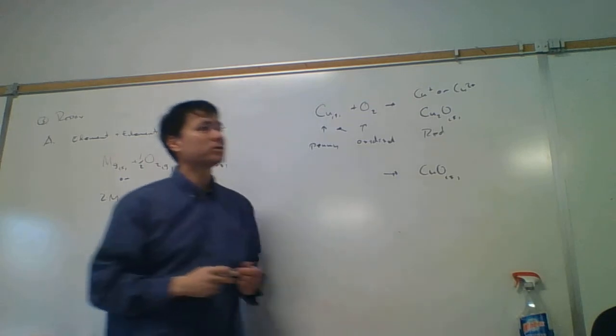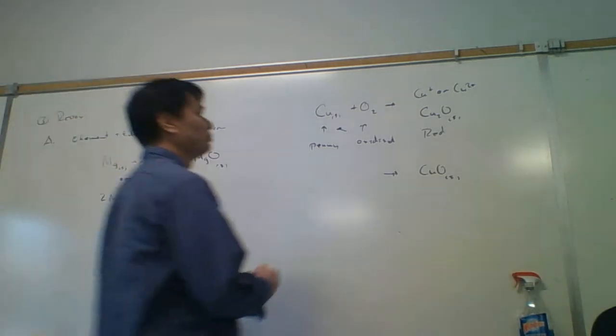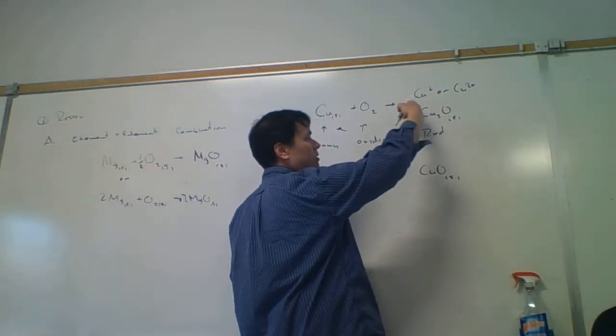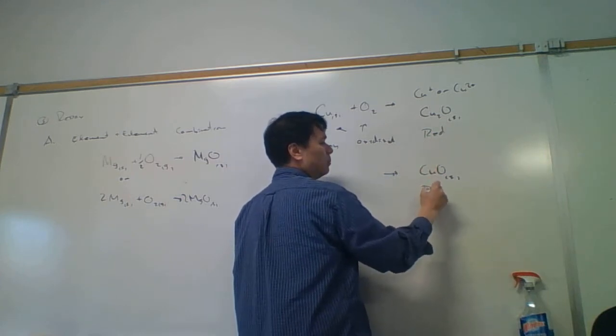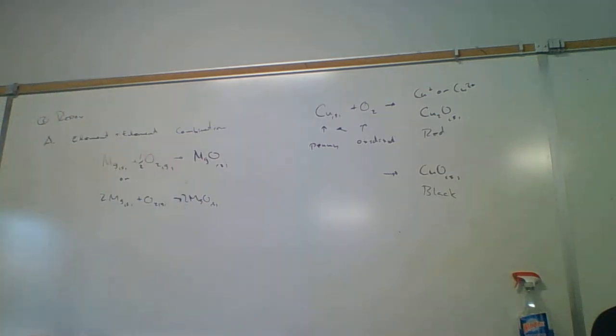What color is CuO solid? Let's take a look at CuO. And then it goes to a black color. Do you see that? So as pennies age, they'll start off with more orange, then go to red-orange, to black. And that would be copper 2 oxide. Very, very old pennies will be black on the surface.